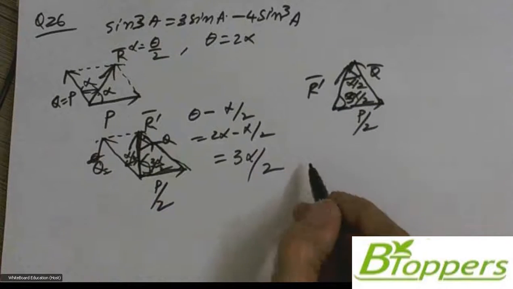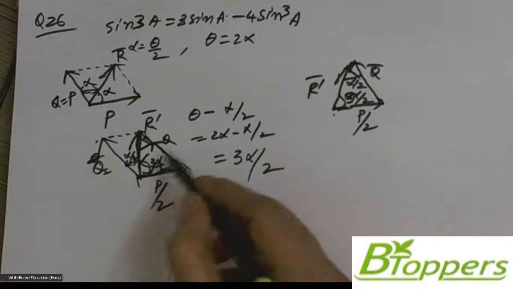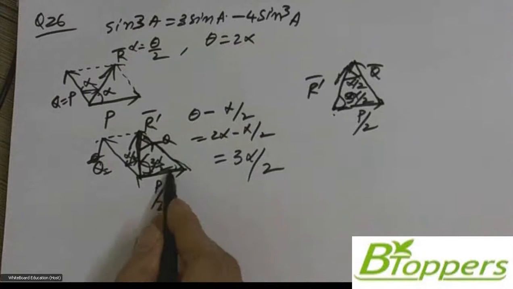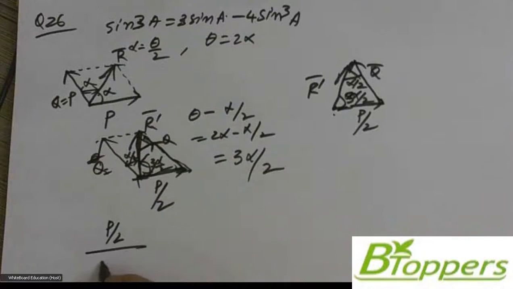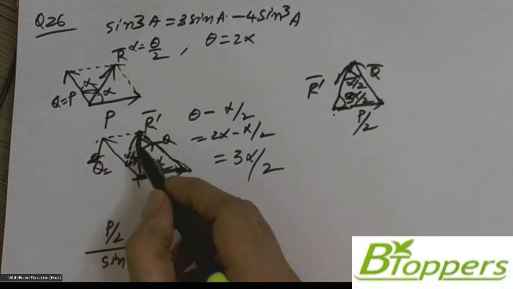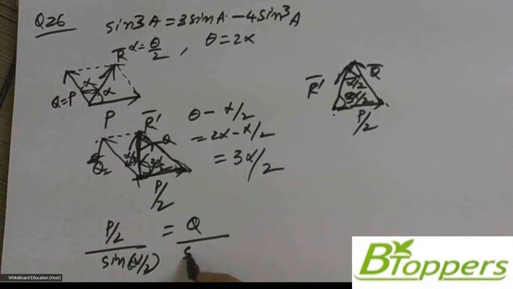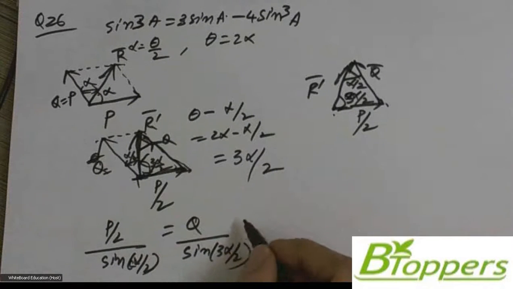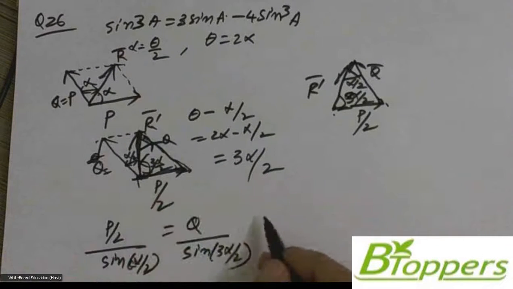So from the sine rule you can write, in this triangle, the same triangle I have shown separately, the length of this side, that is P by 2, divided by the sine of the angle at the opposite vertex, alpha by 2, equal to the length of this side, Q, by sine of 3 alpha by 2. But here Q and P are equal in magnitude originally.